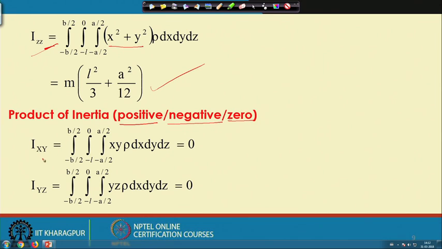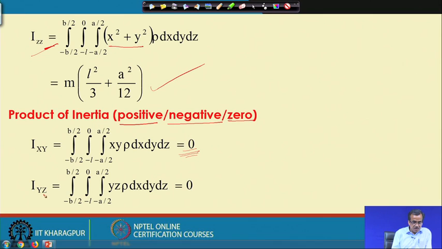For example, if you calculate I x y, that is triple integration x y rho dx dy dz, following the same limit of integration, and if you carry out this particular integration, you will be getting that equals 0. Please try to derive this and check.